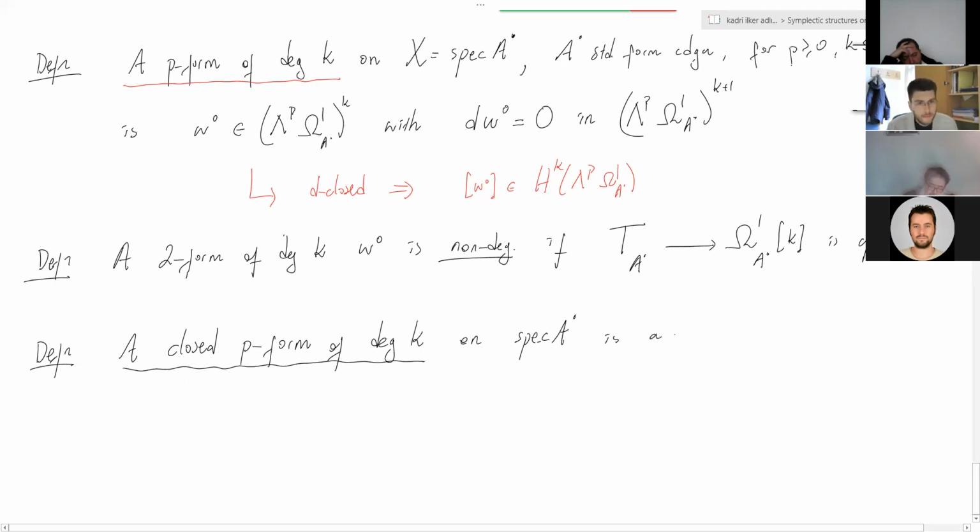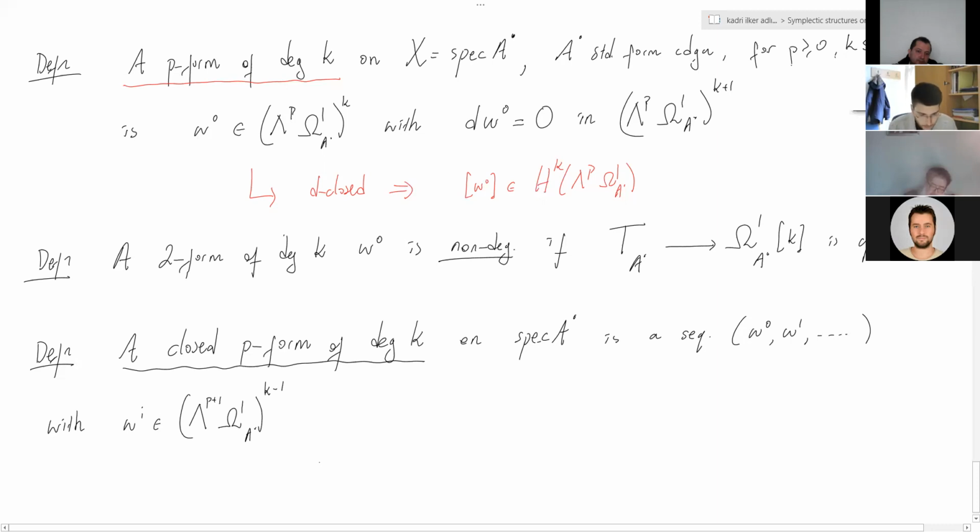If, so this is a sequence, not just one element, but a sequence omega 0, omega 1, and so on, with each component lying in this homogeneous part. So this is its weight, and this is its degree, k minus 1.